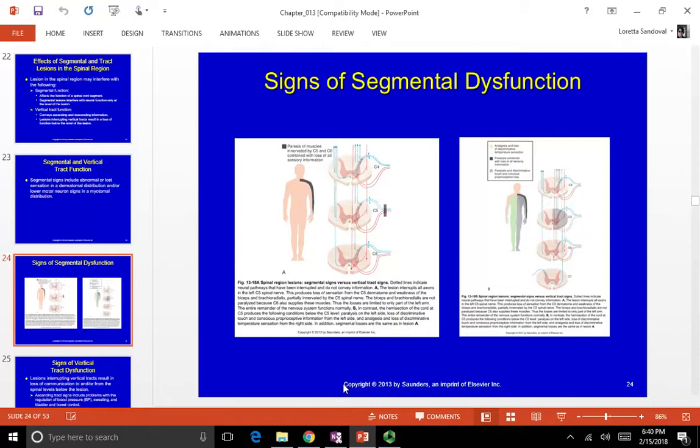In addition, segmental losses are the same as in lesion A. So that's sort of that dark line going down the arm. So you get those segmental effects, but you also have effects below the level of the lesion. With a segmental lesion, you only get effects in that dermatomal or myotomal distribution.